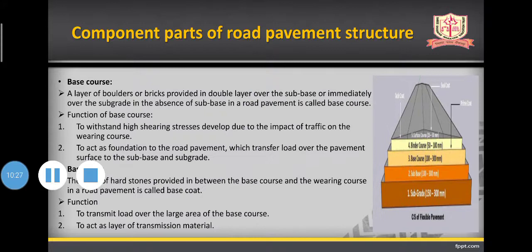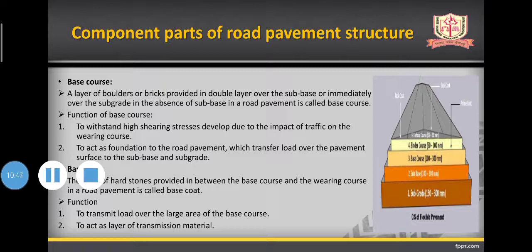The next layer is our base course. What is base course? It is a layer of boulders or broken bricks provided in a double layer over a subbase, and immediately over the subgrade in the absence of subbase, on the road pavement, and is known as a base course.